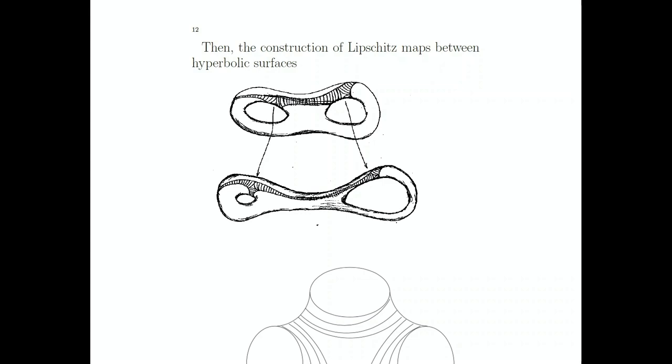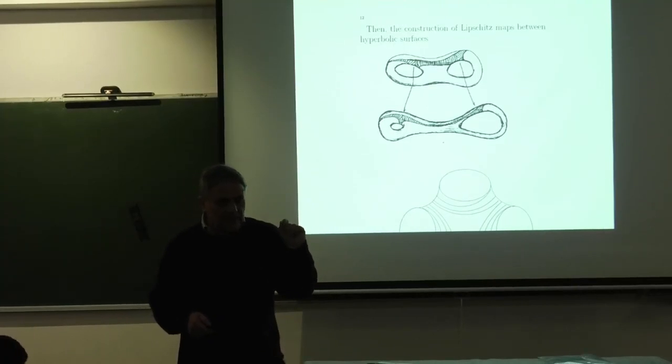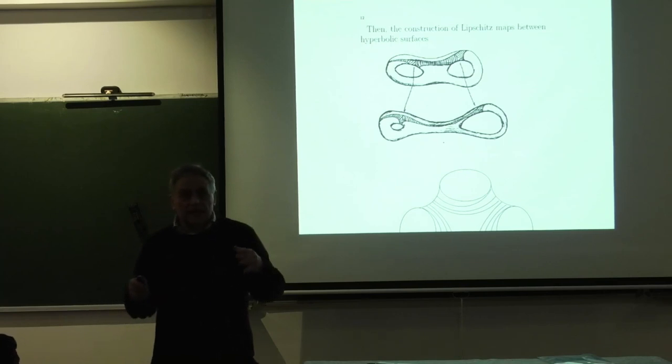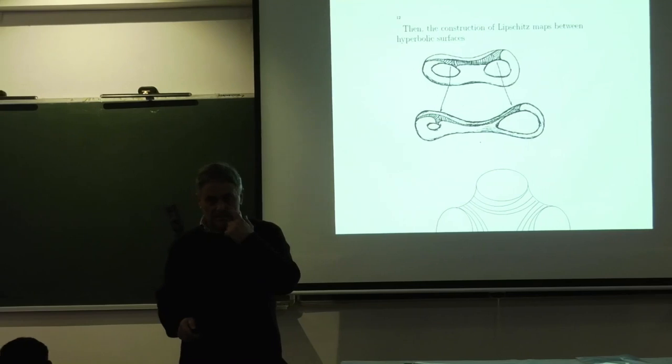I mean, one of the basic things to understand about hyperbolic geometry is to see how you can divide a surface into a union of hyperbolic ideal triangles.